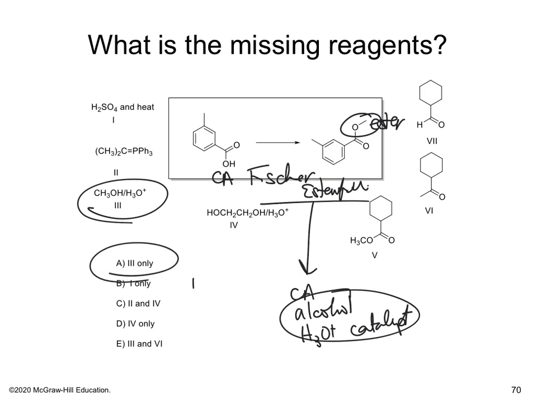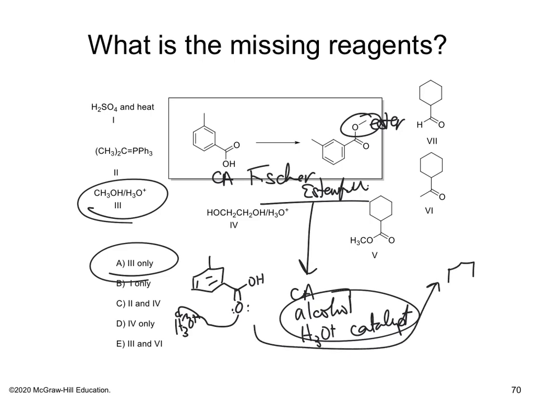Now with this one, what happens with the acid catalyst in the mechanism is that the first thing that has to happen is protonation of the carbonyl. You're not going to protonate the OH. A lot of people do that. No, that's acidic.